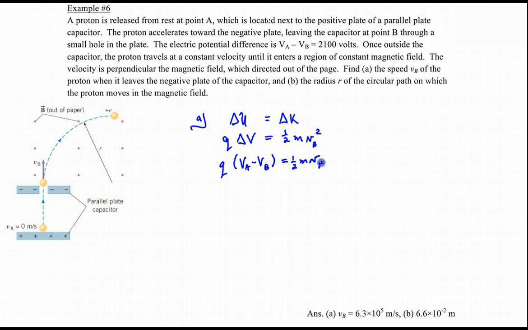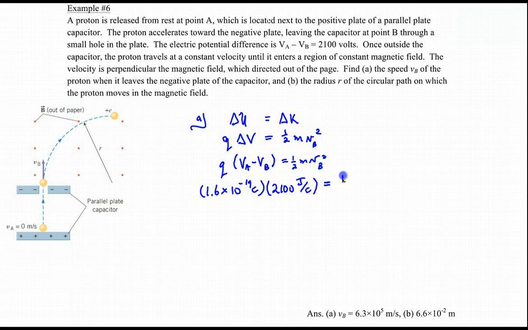And we can see that potential difference is 2100 volts. And we have the charge of a proton. So Q is 1.6 times 10 to the power negative 19 coulombs. That's the charge of a proton. The potential difference is 2100 volts, which is really joules per coulomb.